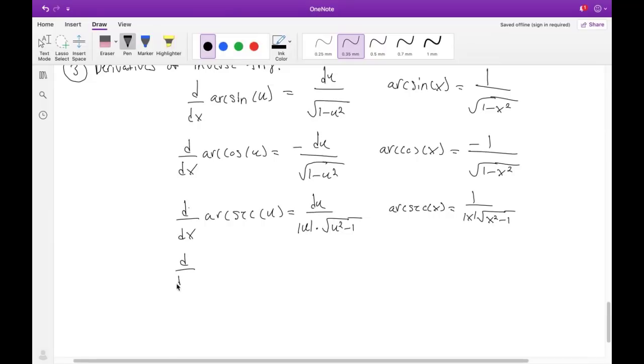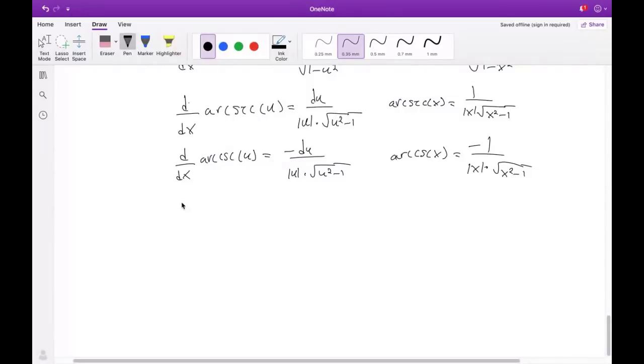And then it's basically the same thing for arc cosecant, except you have a negative out front. So it's the same thing: negative 1 over absolute value of x times the square root of x squared minus 1.